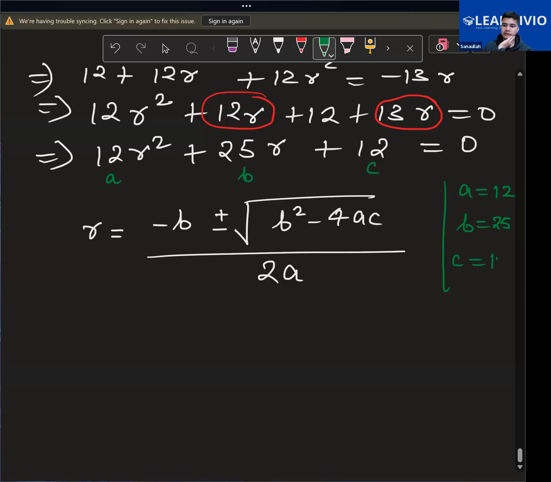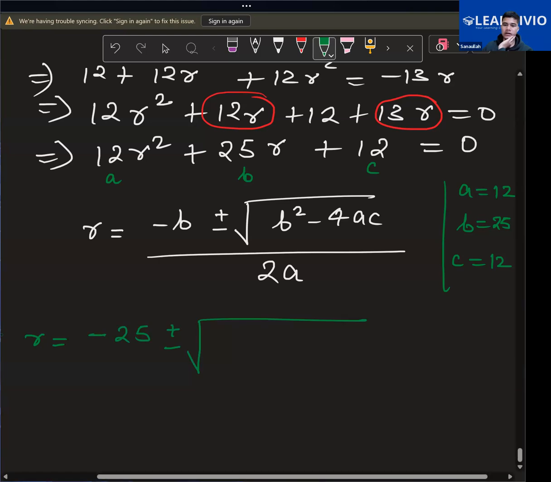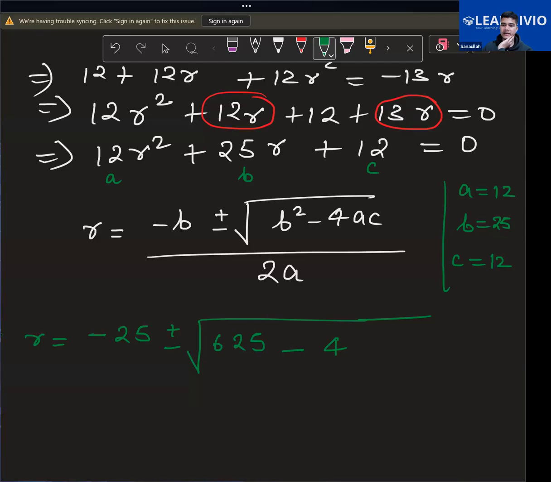Now I have to put in this formula minus b. So what is my minus of b? Minus 25 plus minus under root b square. What is b? B is 25. So square of 25 is 625. Good. Minus 4 times, what is a?